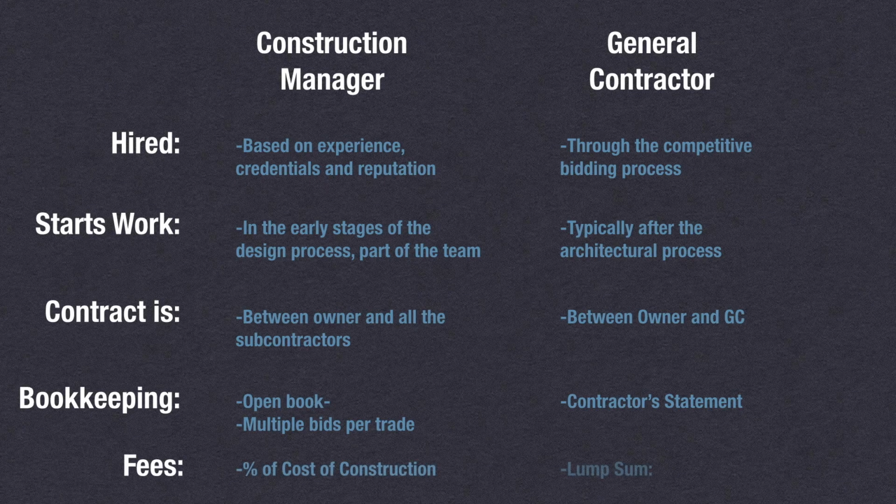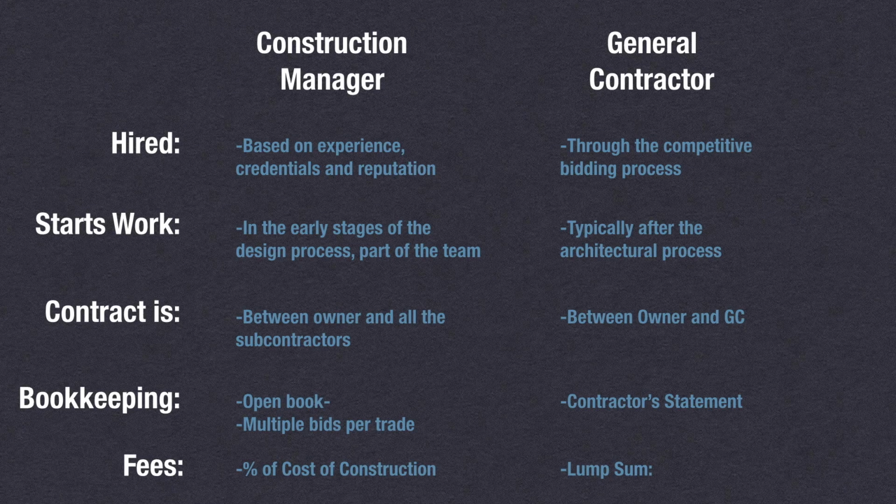And then finally, fees. A CM is usually charging you a percentage of the cost of construction. So it seems to be a very fair relationship. If you decide to add on more scope of work, then there'll be a larger construction cost, and then the CM will just make slightly more money based on the additional scope of work that was added.